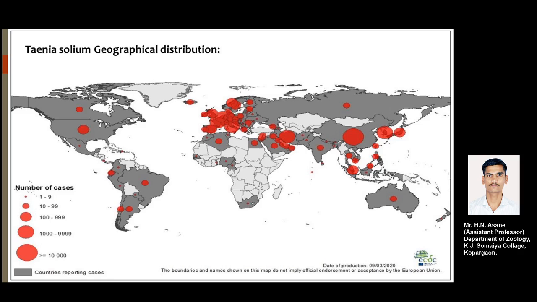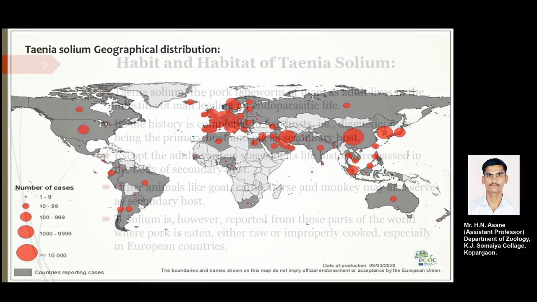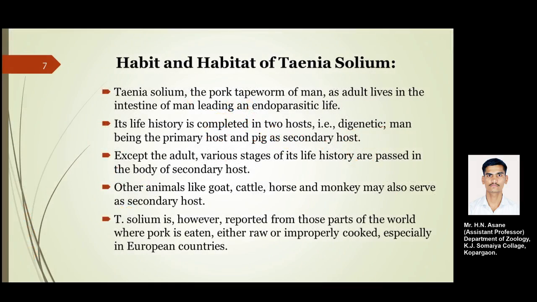So this is the geographical distribution of the parasitic infection caused by Taenia solium. Next, the habits and habitat of this parasite, Taenia solium.